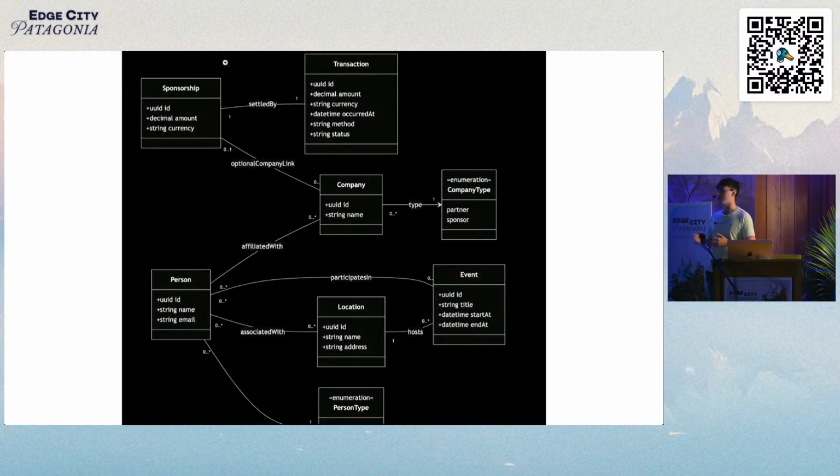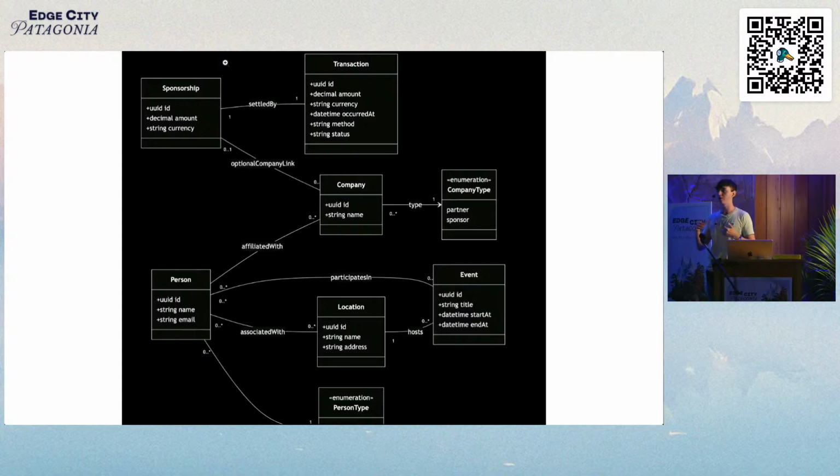This is using a mermaid diagram, but the idea is that you have this data, and the data also has relationships with each other. For instance, you have the sponsorship, but each sponsor might have multiple transactions, so you want a way to map that relationship. It might also be the case that a sponsor is attached to a company. For example, an individual sponsor might be associated with Ethereum or Lisk and so on, so you want a way to manage that relationship.